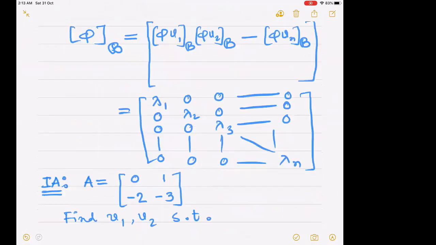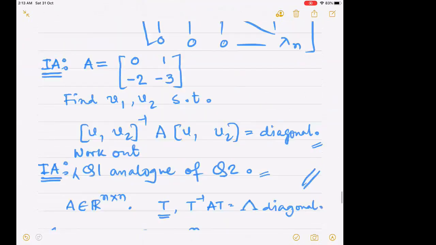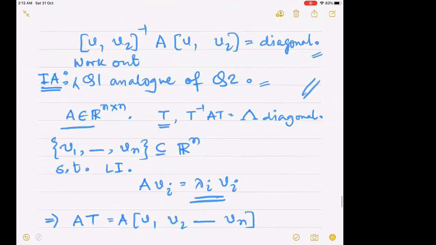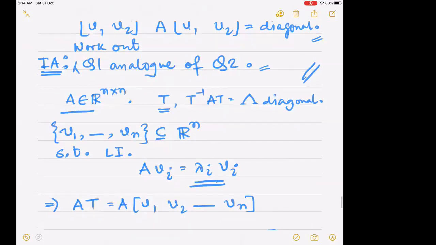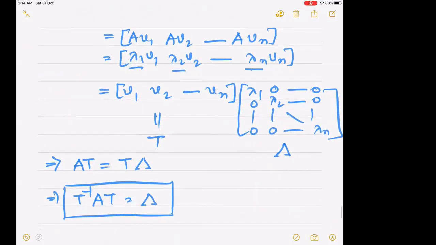But if we want to do everything in terms of matrices, then suppose A is a given n by n square matrix, and T is a matrix formed by taking n linearly independent eigenvectors. Linear independence guarantees that T is invertible. In that case, the representation of the matrix A in this new basis, which is T inverse AT, turns out to be diagonal. That is the Q1 analog of the partial answer to Q2 that we saw in the first module.